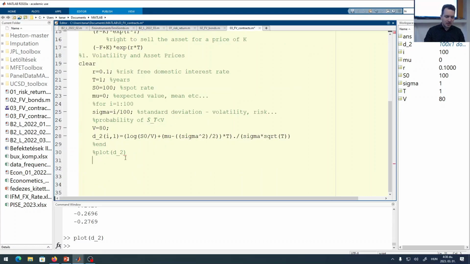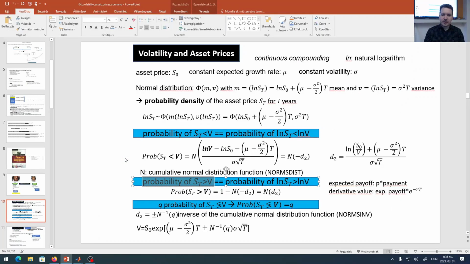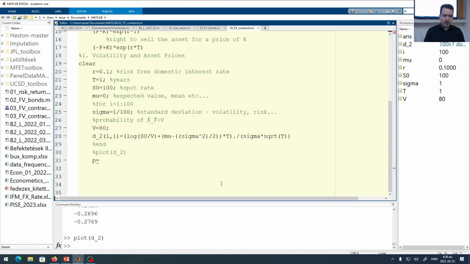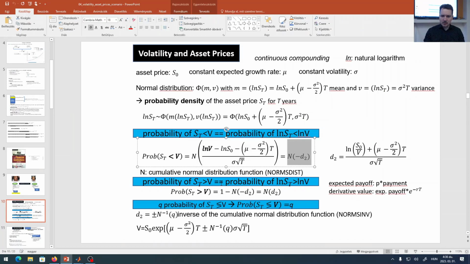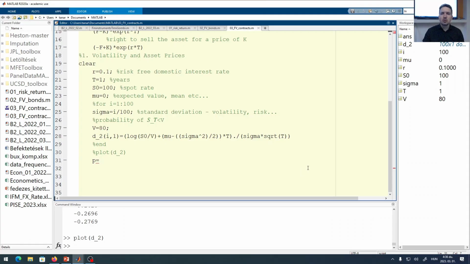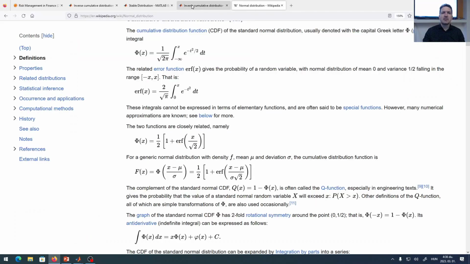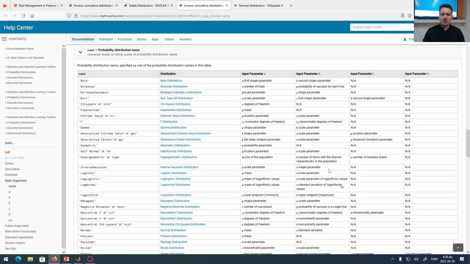Because right now this is just D, but now we can say that this is the normal distribution. So we should put data inside the normal distribution, and in this case we need the CDF, cumulative distribution function.